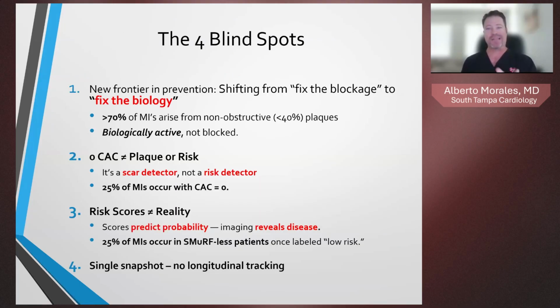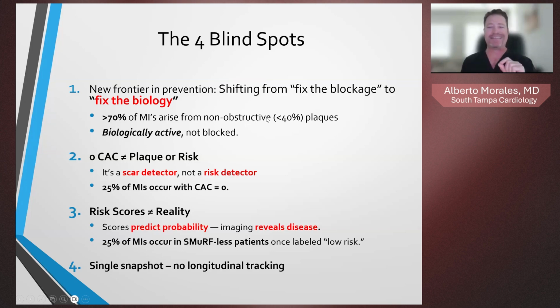And so these blind spots. I think there's a new frontier of preventative cardiology where we're shifting from the oculostenotic, or ischemia, as the risk, when we know more than 70% of heart attacks occur in non-obstructive plaques. So the focus should be on biologically active, not blocked, as the risk.